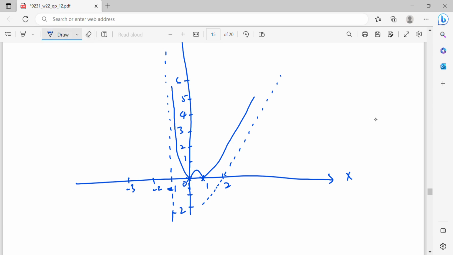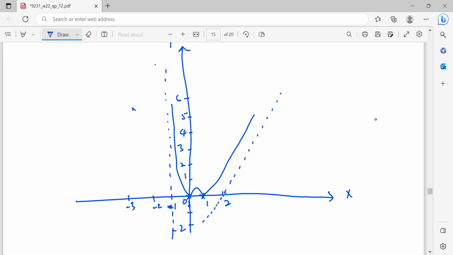So 5.83 somewhere here. Right, then we will get this graph. Okay, so you need to flip, because it's supposed to have the oblique asymptote here. Then you flip it. So this will be the graph with the absolute value.